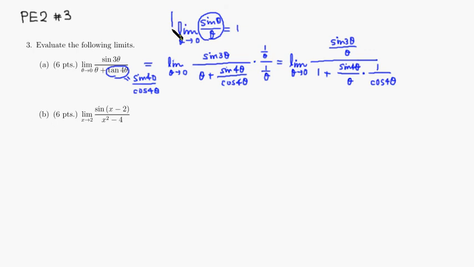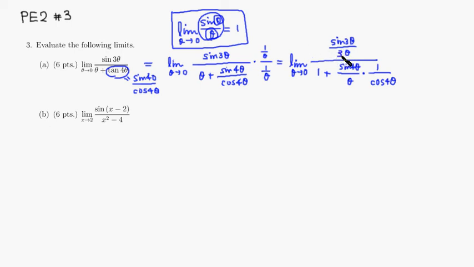Then, to use this limit, we have to make sure that the expression inside the sine and the denominator match. If you have theta, you have theta. If you have 2 theta, you have 2 theta. Here you have 3 theta, so what we need is 3 theta on the bottom.